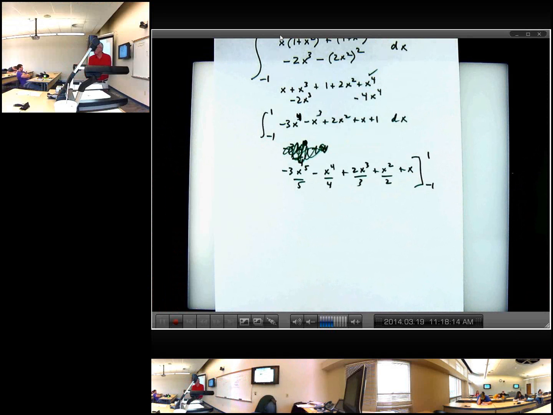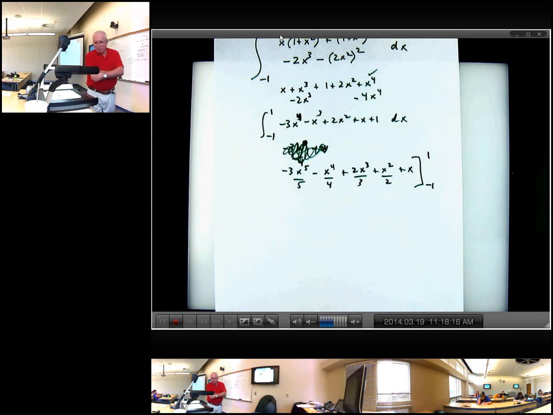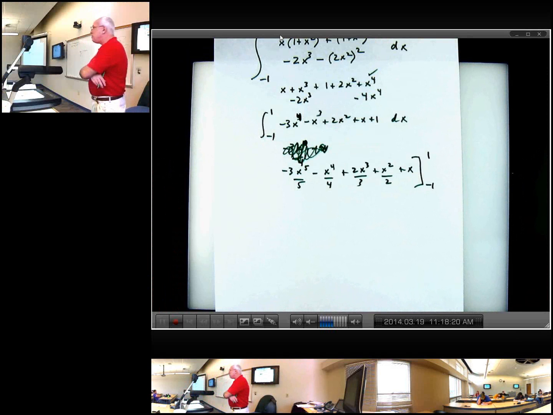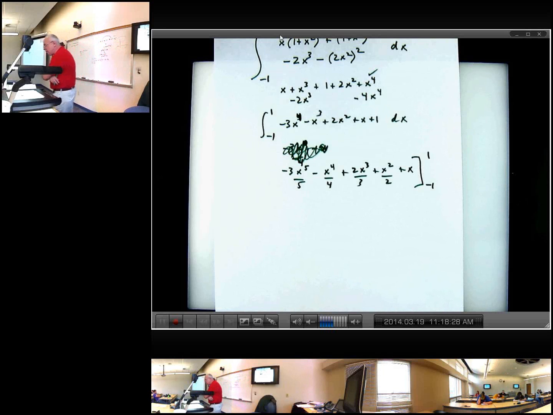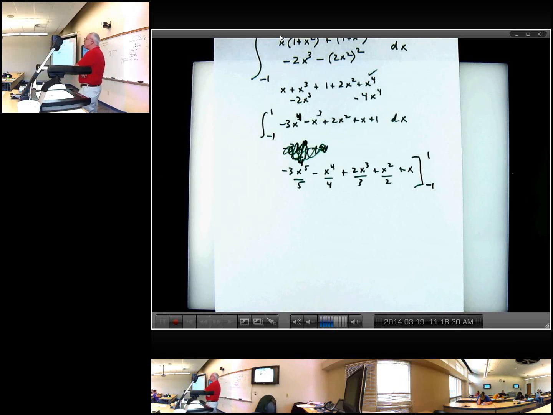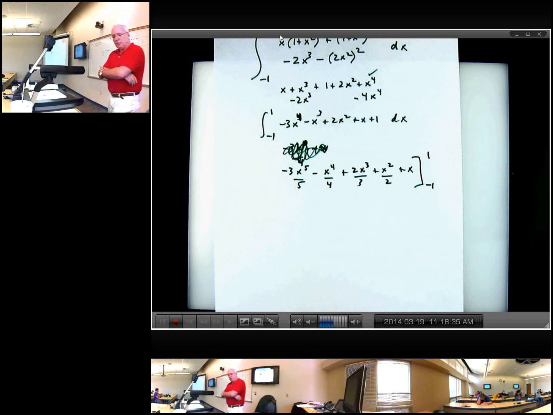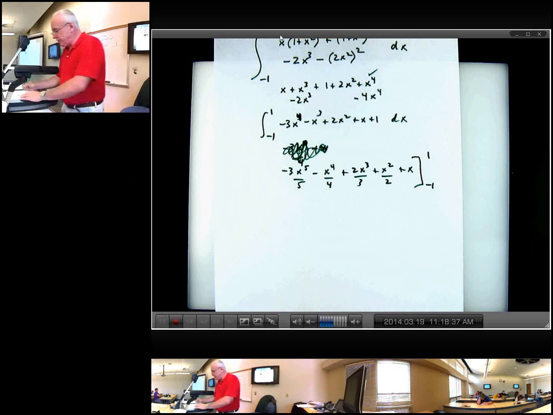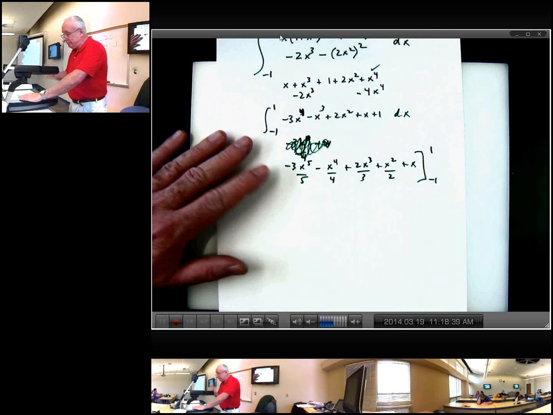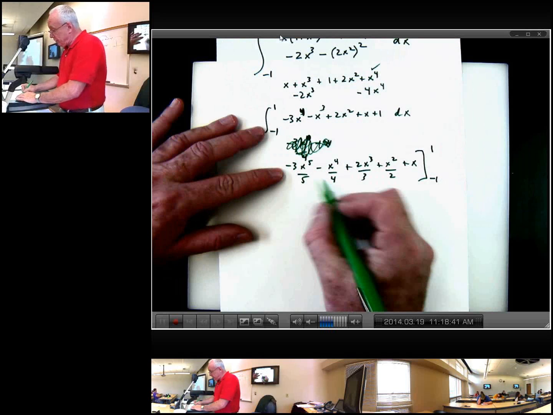All right? Because notice we know we have to subtract the bottom part, and the bottom part is a -1, so we've got to be careful with odd powers. That -1 to an odd power is still -1, so there's all kinds of problems here with this. Okay, let's just do it.